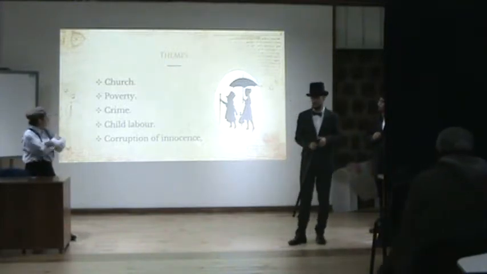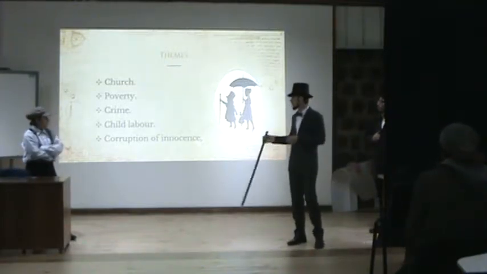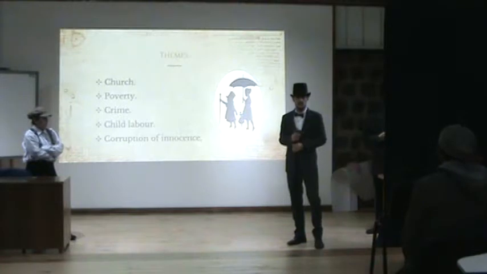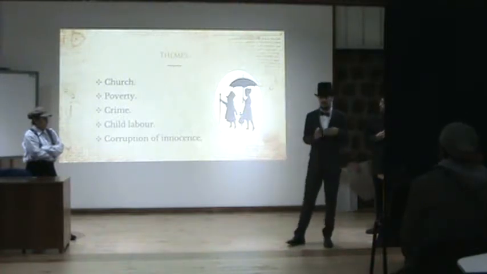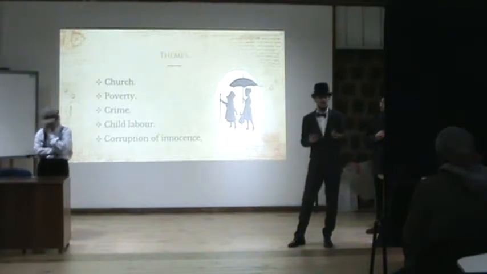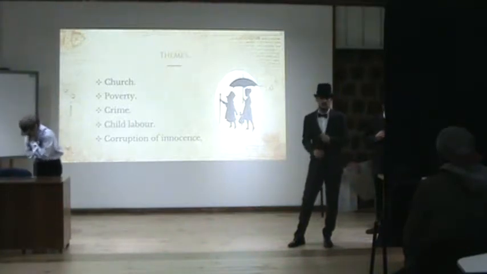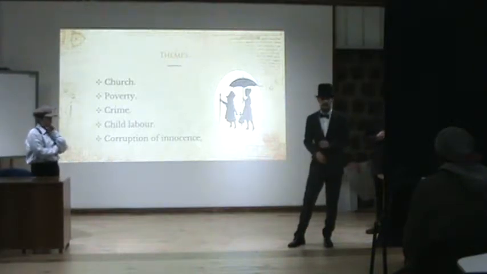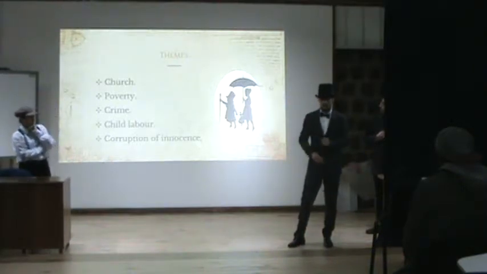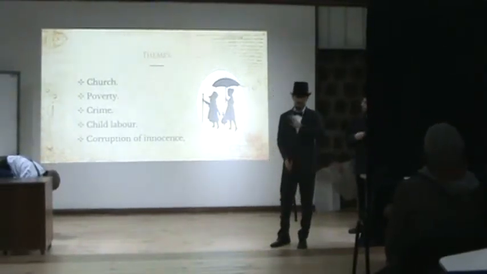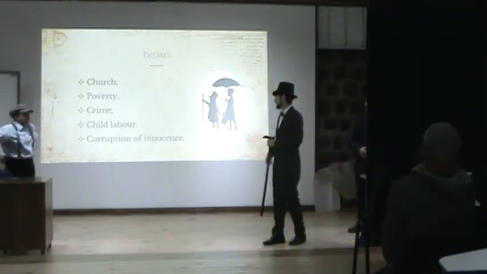In this book, he criticizes the way the church doesn't really try to improve poor people's lives. They do pretty much nothing in their favor, and they think people are ungrateful for asking for more food. For example, there's a very famous scene in which Oliver asks for more food and he's locked up in a room for 1 week, and he was not allowed to socialize and everything.